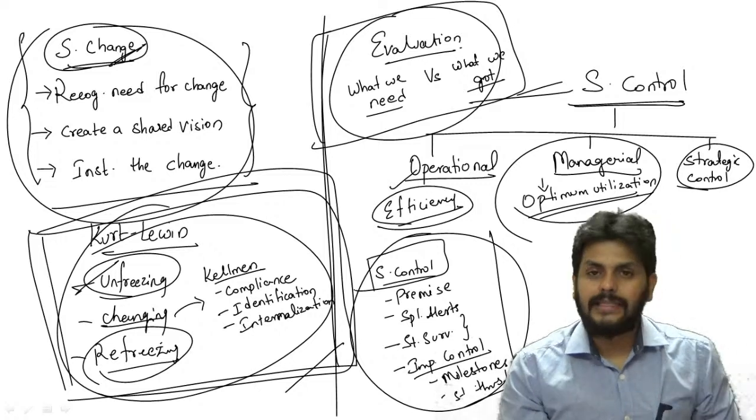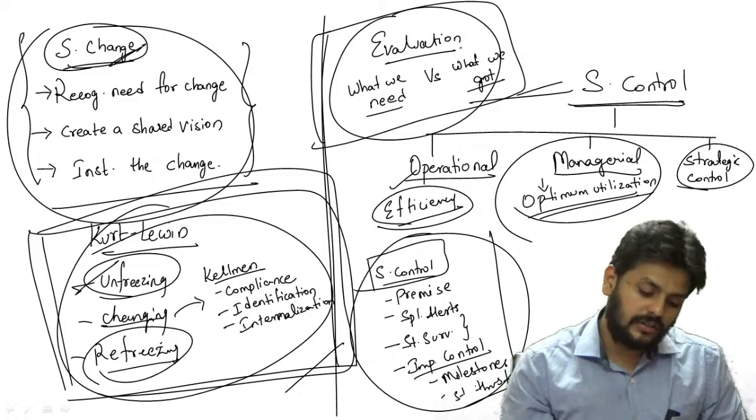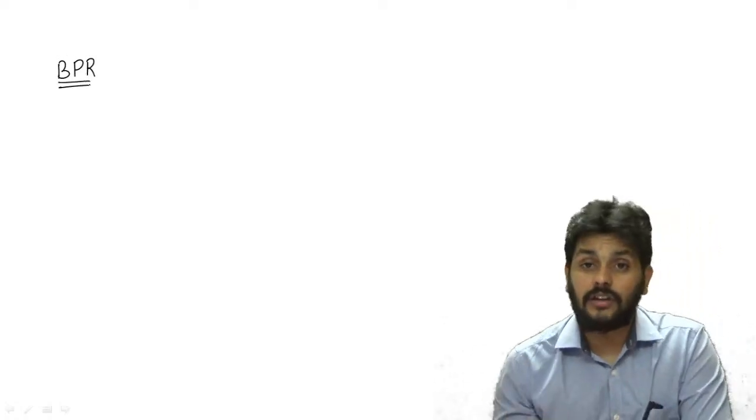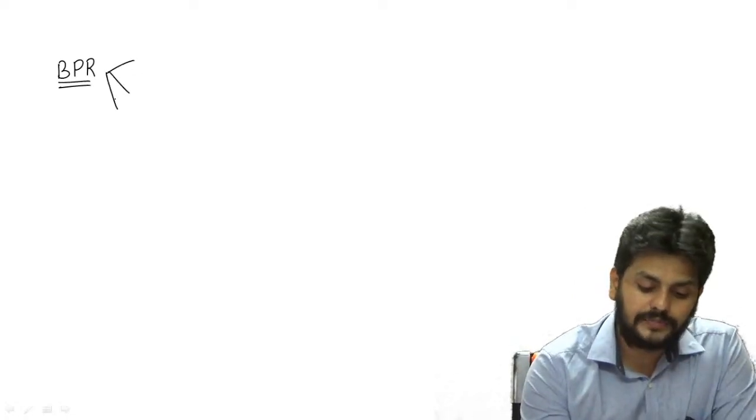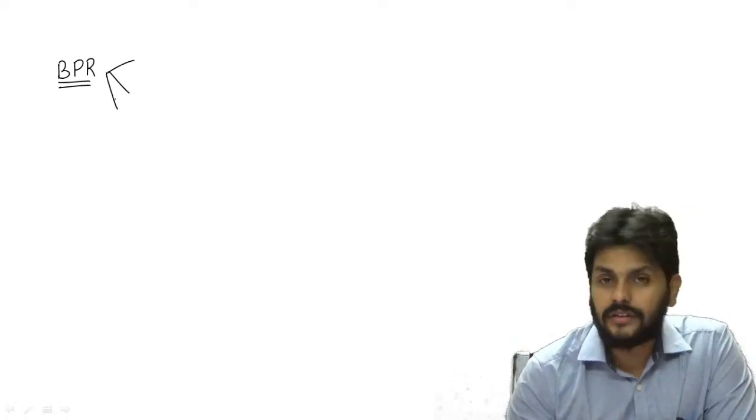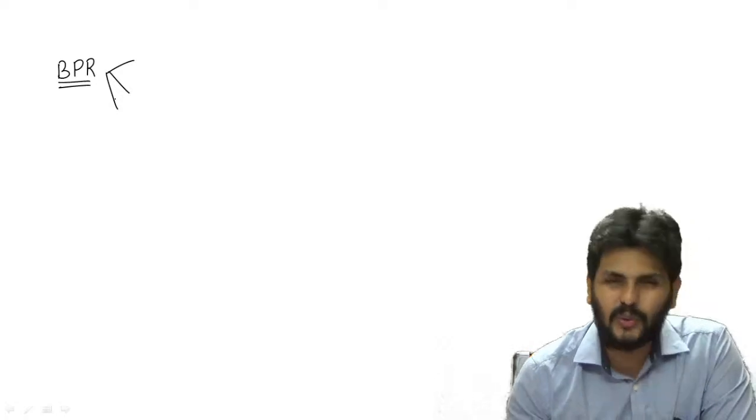So the last thing with which I want to close this revision is telling you that there are two more concepts. I'm not going to discuss them in detail. BPR, which is called business process re-engineering, is about 3 words. I hope all of you know what BPR is.